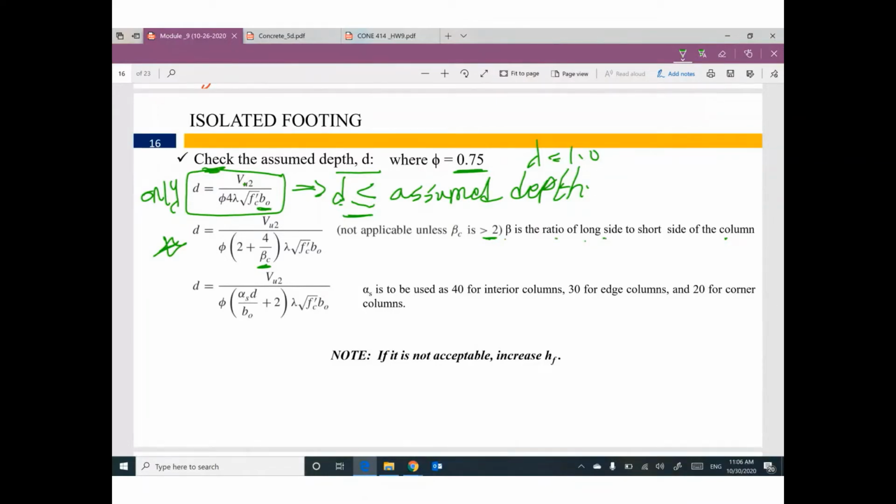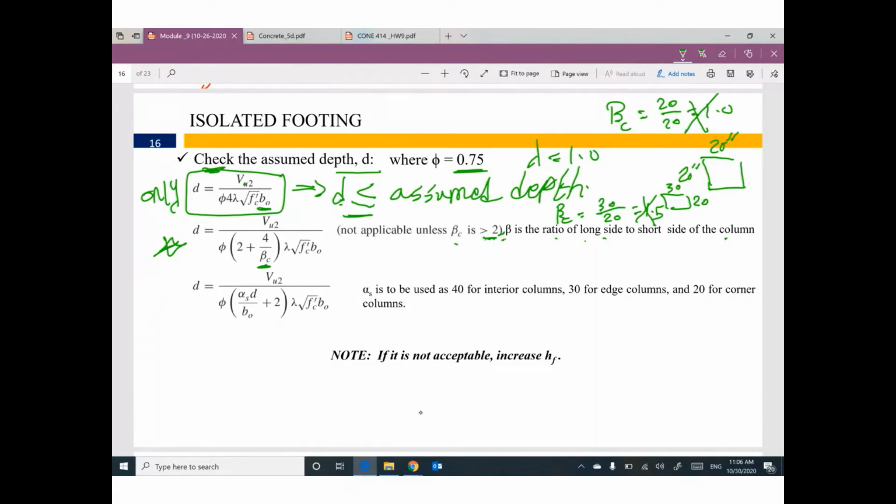One of you will ask me, hey, if the column is a square, 20 inch by 20 inch, so beta c equals 20 divided by 20 equals 1, it's not valid, because beta must be greater than 2. One of you will say, hey, I have a column with dimensions 30 and 20. So beta c equals the longer 30 divided by 20 equals 1.5. I'm sorry, it's not valid. Beta must be greater than 2.